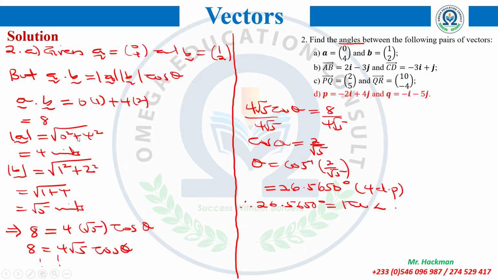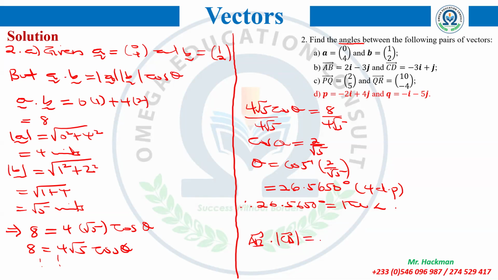Then you find the magnitude of A. You know how to find the magnitude of any vector in Cartesian form. So find the magnitude of AB, find the magnitude of CD. So when you are quoting the formula, it will rather be AB vector dot CD vector.